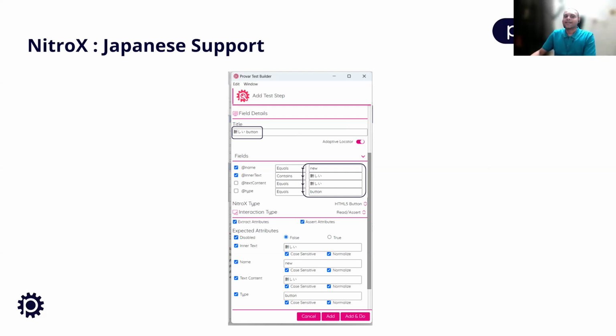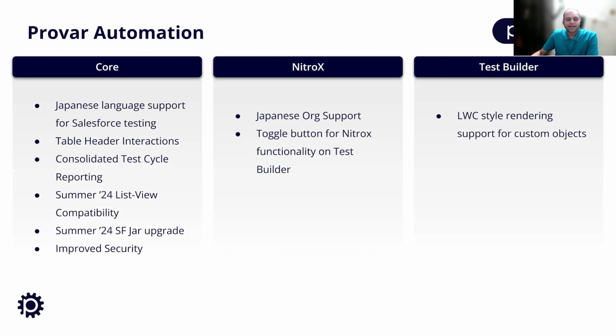If you go to the next slide, obviously, this release is power-packed with multiple other features for core, NitroX and Test Builder. For example, on core, as we saw, now we support Japanese language. We also have table header interactions, consolidated test cycle reporting, Summer 24 list view compatibility, jar upgrades for us, and then improved security.